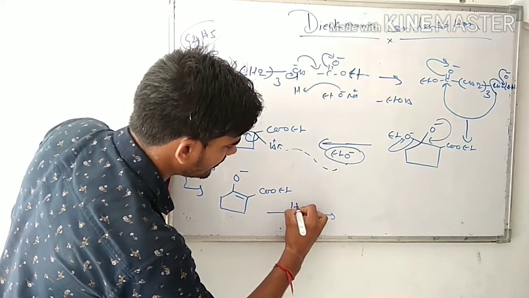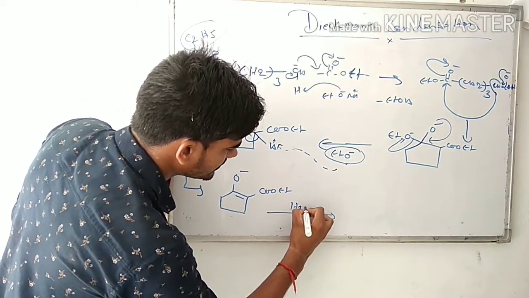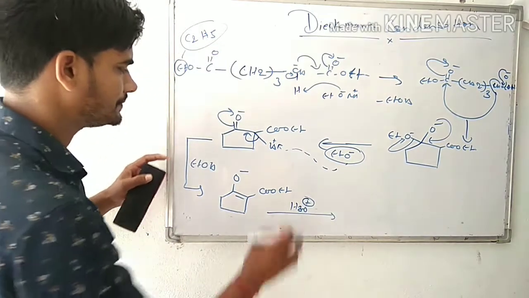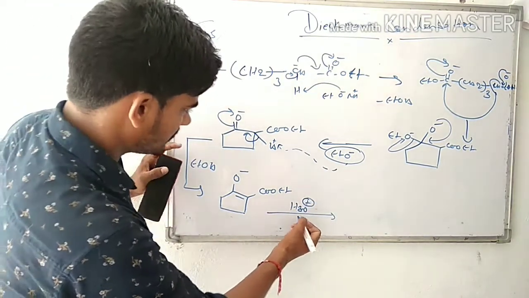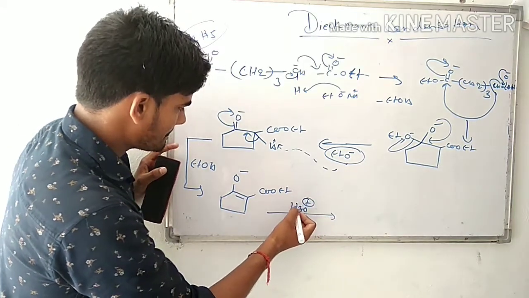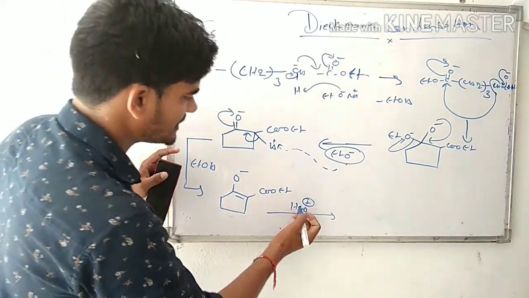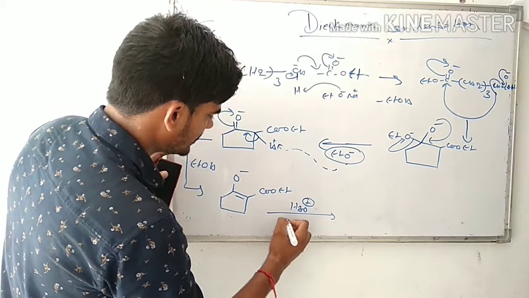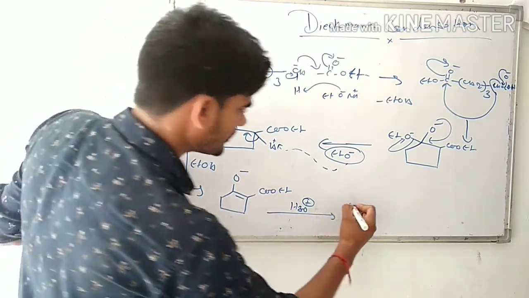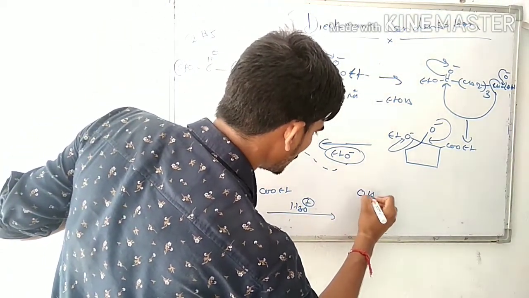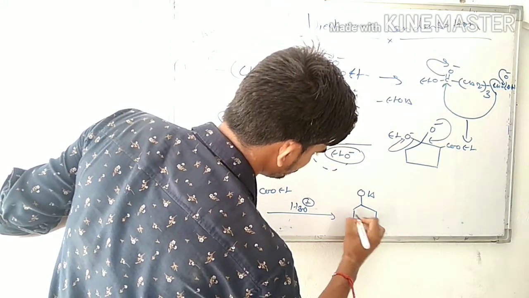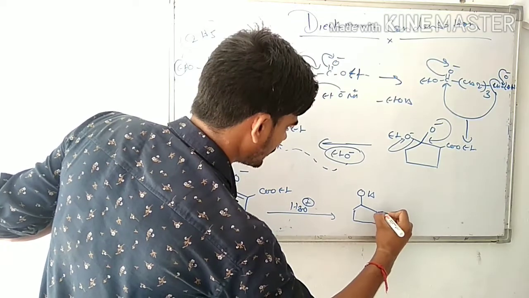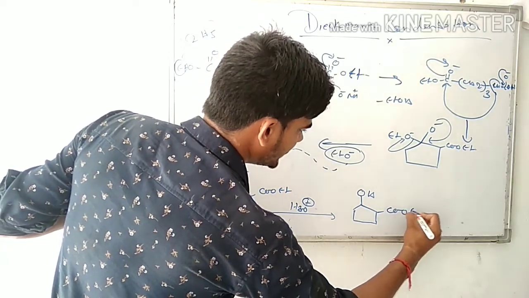Here we take an acid. Now the H plus from this acid comes here to form OH, COOEt.